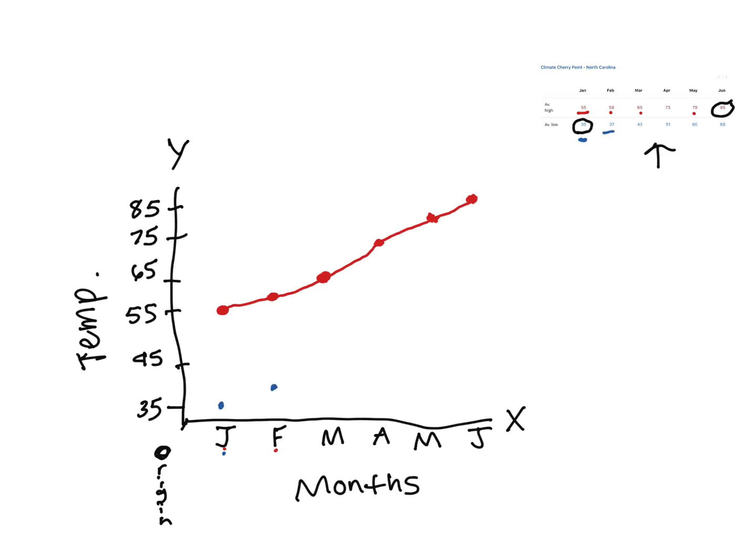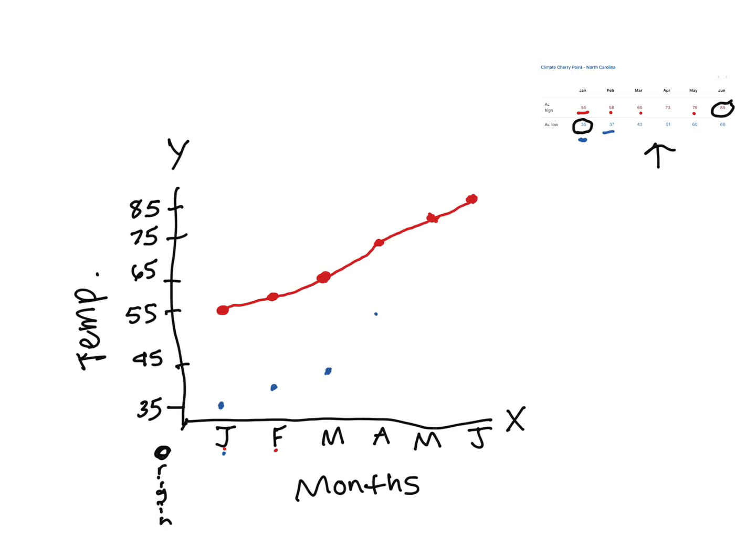And March, we have a low of 43. So still not quite to that next mark yet, but just a little bit below the 45 mark. April was 51. So not all the way up to 55, just a little bit below 55. May was 60, so that's directly in between 55 and 65.